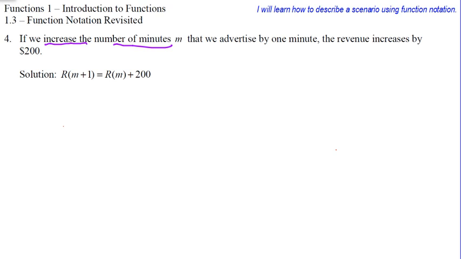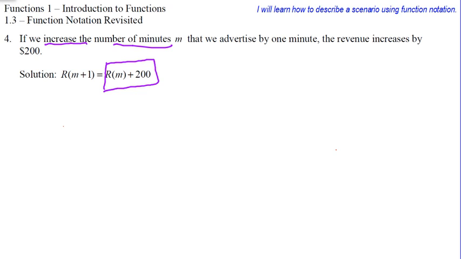And we already know how to represent that the revenue will be $200 more, based on the previous questions, right?